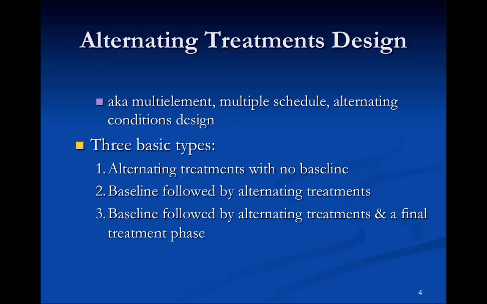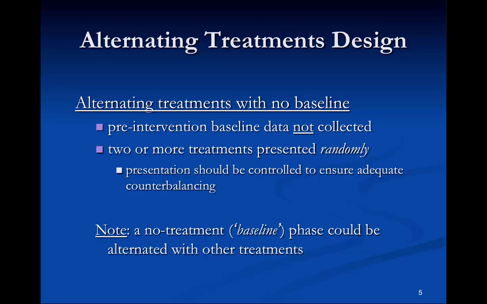If you reverse 16 times, that's going to be a more convincing demonstration than if you only reverse once or twice. But the million-dollar question is, do you need to? And of course, these guys who write these books are academics, so they don't think about those practical things. All right, alternating treatments with no baseline.